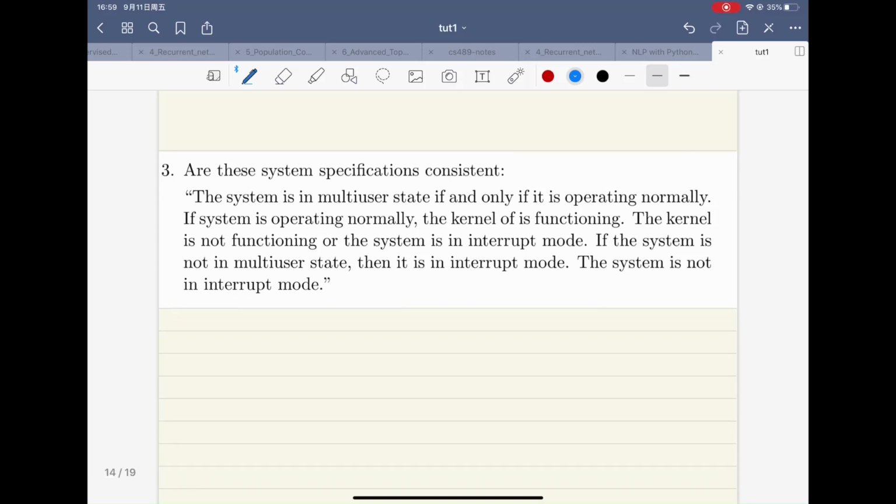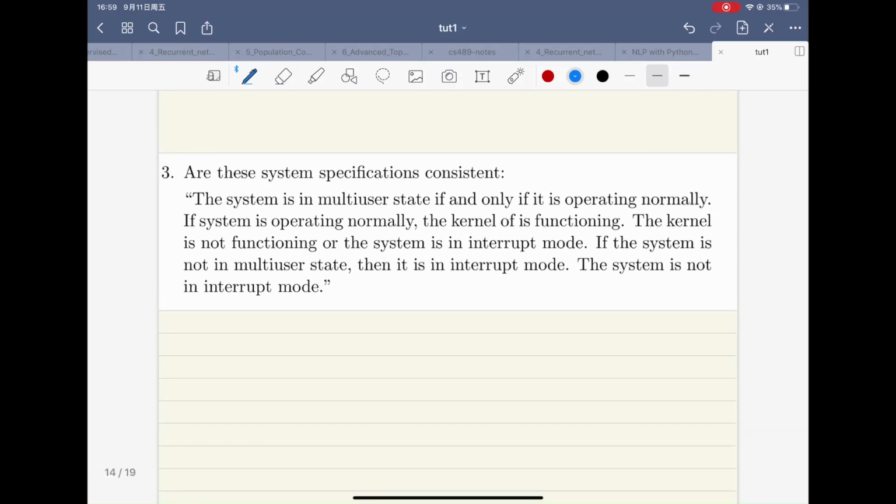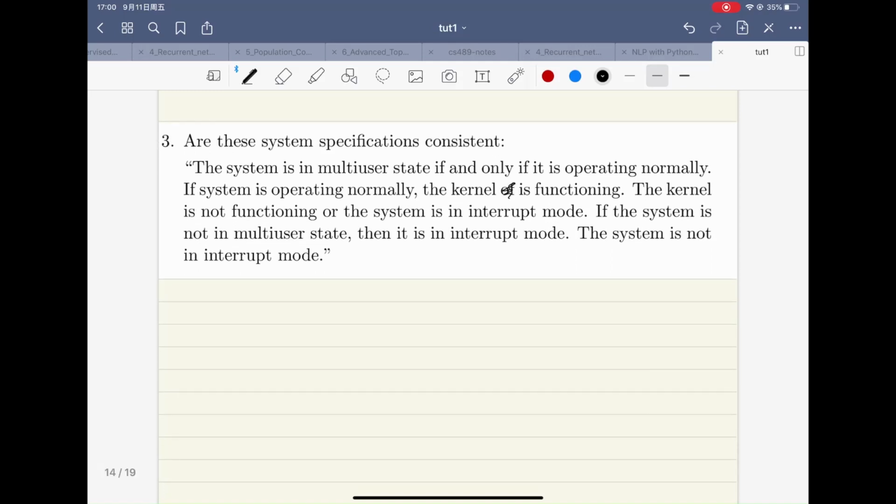So what about this one? The system is in multi-user state if and only if it is operating normally. If the system is operating normally, the kernel is functioning. The kernel is not functioning, or the system is in interrupt mode. If the system is not in multi-user state, then it is in interrupt mode. The system is not in interrupt mode.